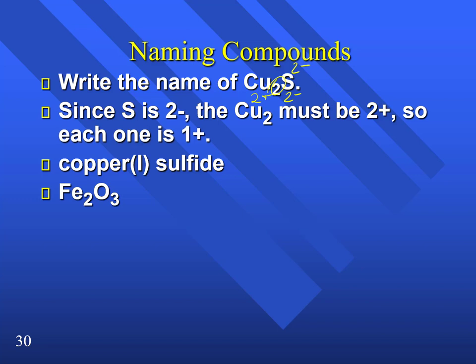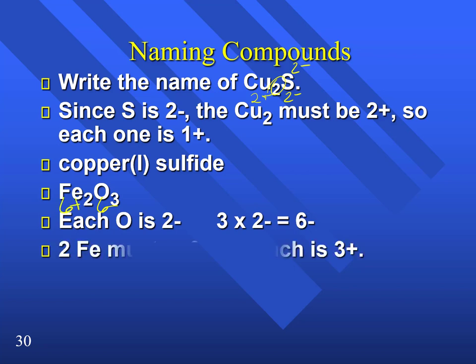Okay, now they both have subscripts. So each oxygen is 2 negative. You've got 3 of them. That gives me a total of 6 negative. That means I need a total of 6 positive. I've got 2 irons that have to equal 6 positive.